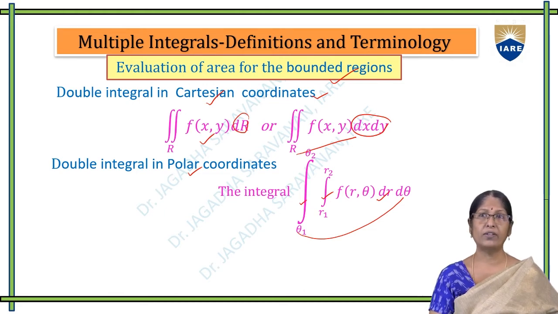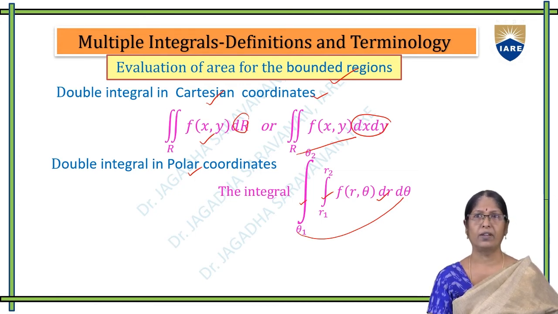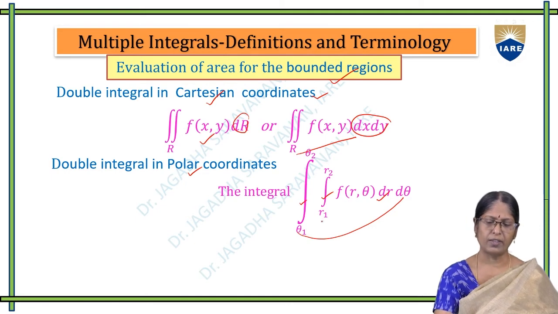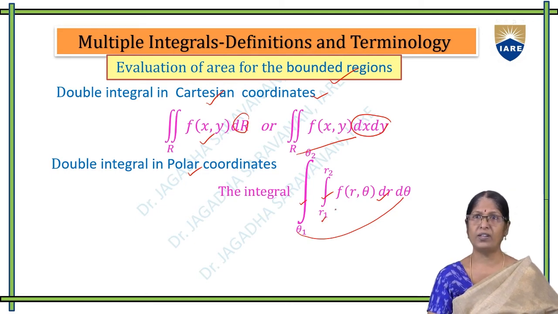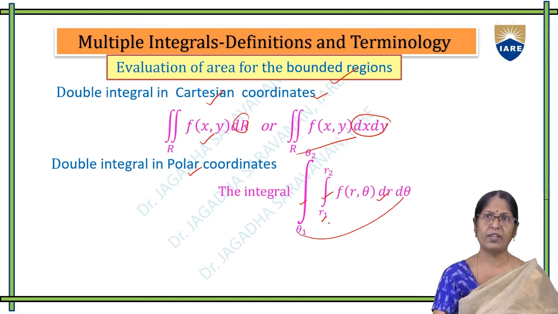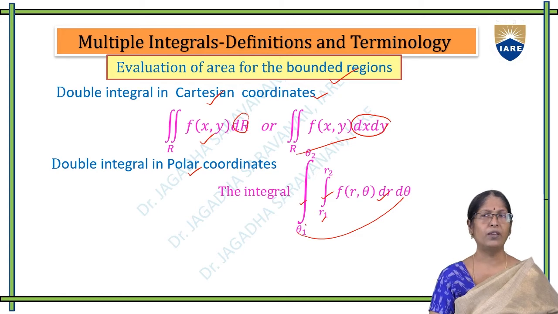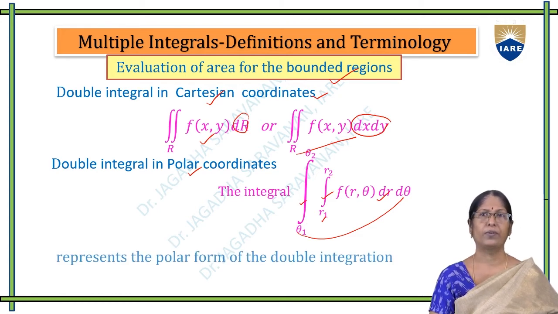Is there any strict rule while solving the problem? It's not like that. Even theta can be the interior one, and then the outermost can be radius. Either way we can do it.